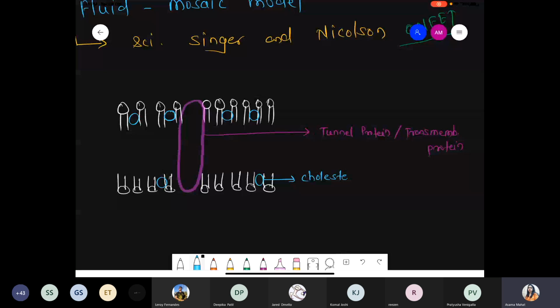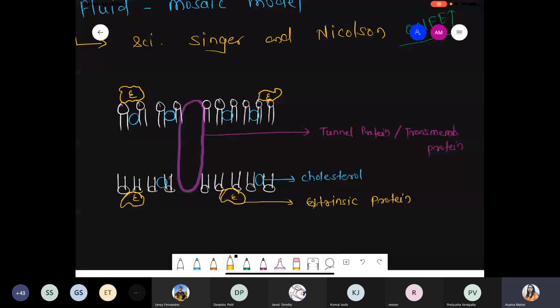Next, we are talking about extrinsic and intrinsic protein. Just as we discussed, the extrinsic protein is present towards the periphery, on both sides. I'm writing E, and E stands for extrinsic protein, which is present toward the outer side, a peripheral protein that is easy to remove.